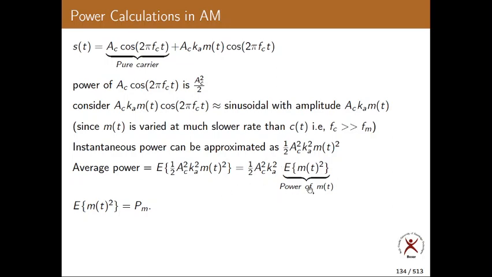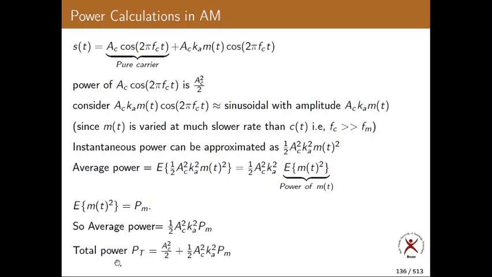Finally I am calling P of m the power of m(t). That is simple notation. So the average power finally becomes 1/2 Ac² Ka² Pm. I have written it here. Now finally this is the average power of our signal.